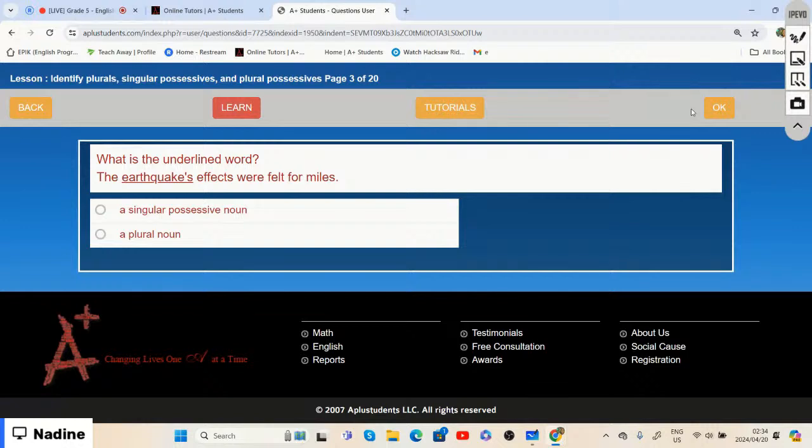All right. Yes. So if we look at the earthquake's effects were felt for miles, we need to say if it's a singular possessive noun, or we need to say if it's a plural noun.